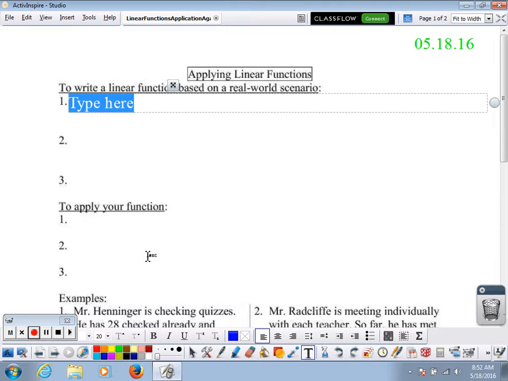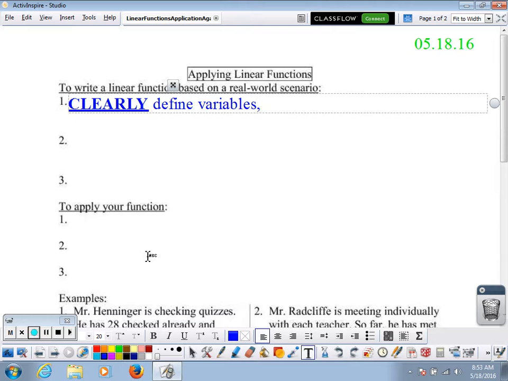Okay, we need to clearly define the variables. Clearly define those variables. Now, it is math class, so we're going to be drawn to the numbers. However, for a linear function, and for any application really, with algebra, if we're defining the variable, it's not going to represent a number.